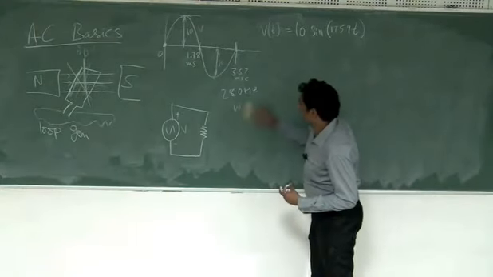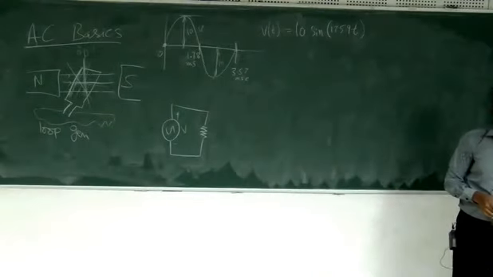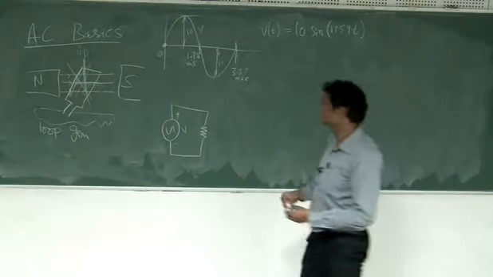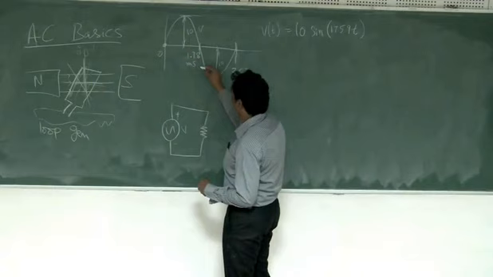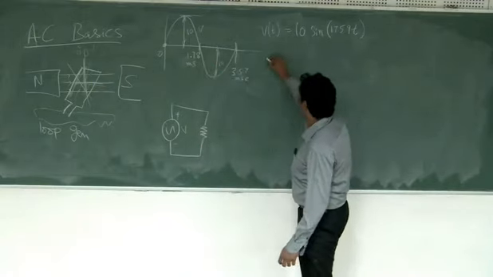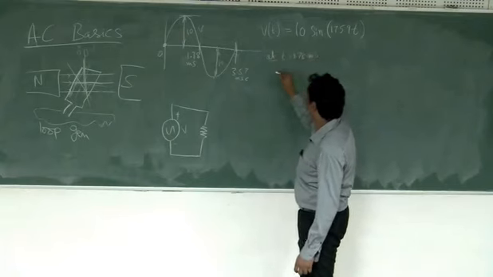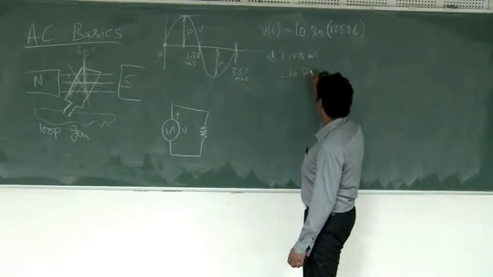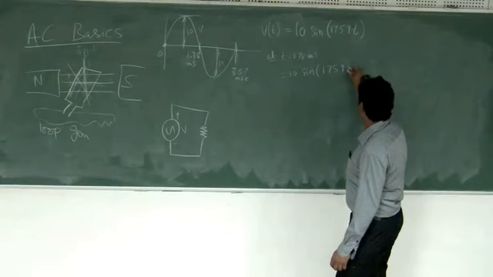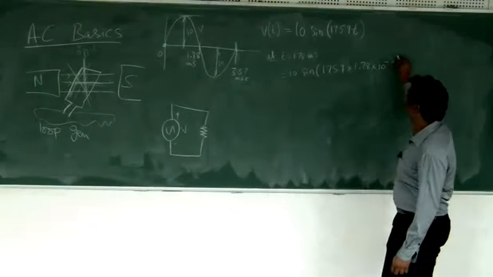So you want to verify whether this is correct or wrong. How do you verify? You can substitute the value of t. For example, this 1.78 milliseconds is there. So if I substitute at t equal to 1.78 milliseconds, what will I get? 10 into sine of 1759 into 1.78 into 10 power minus 3.